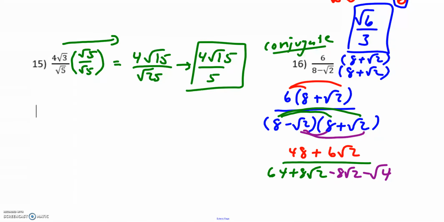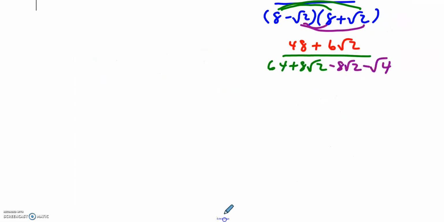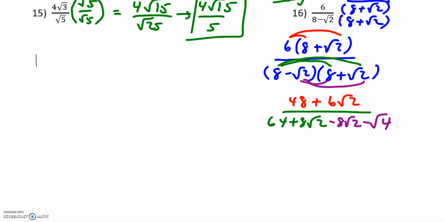And so if I keep simplifying, I notice that in the denominator, the 8 root 2 minus 8 root 2 crosses out. So I have 48 plus 6 root 2 in the numerator, and in the denominator I have 64 minus root 4 right now. Notice I'm not crossing anything out from top to bottom.